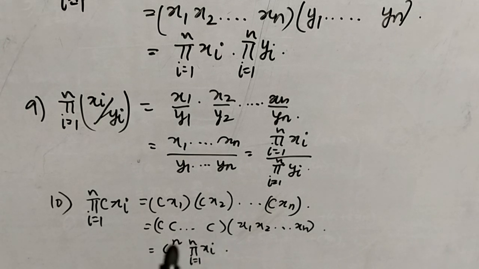That's why we have written c to the power n, and multiplying all the x variables on the other side. In this way we can use all these fundas in statistics, be it arithmetic mean, geometric mean, harmonic mean, or any other formulas.